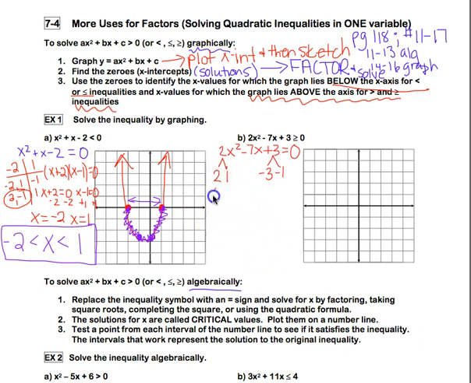So when I set up my parentheses, again, I'm guessing and checking. I know it has to be 2x and x at the front. Now I just need to decide which way to put the -3 and the -1. I know they're both negative. I just have to decide whether the -3 goes here or whether it goes here.